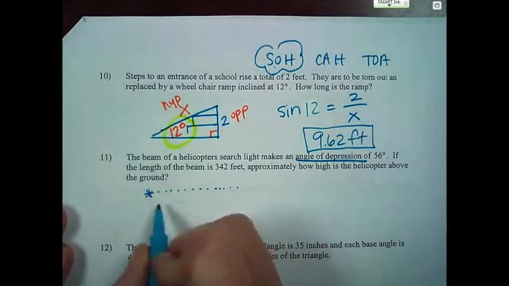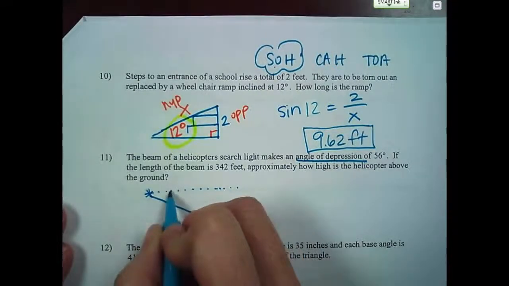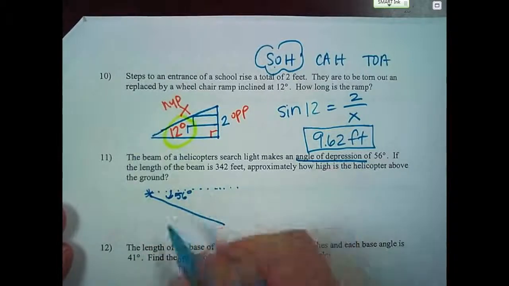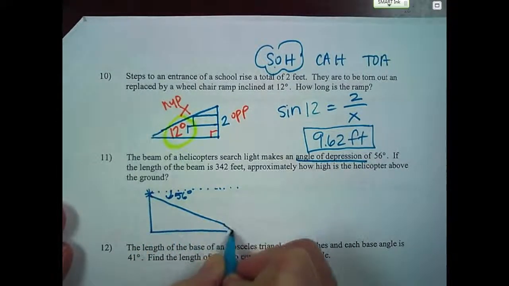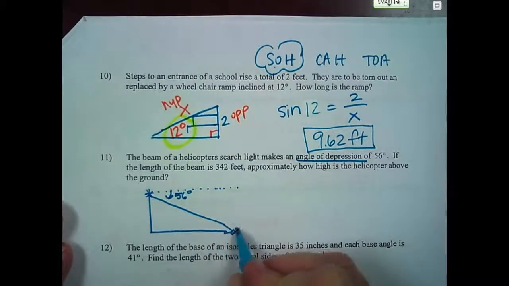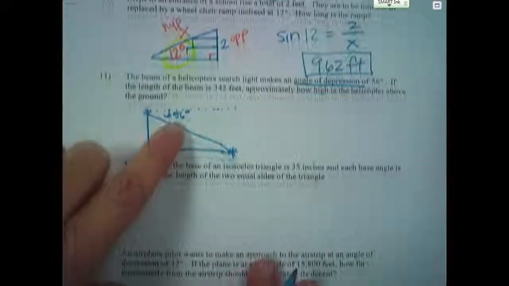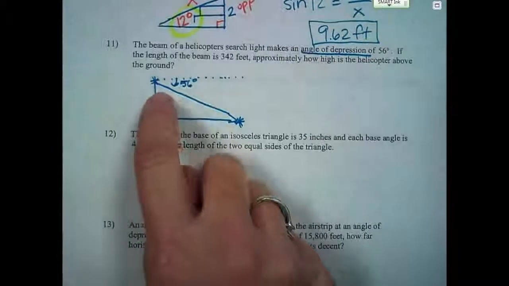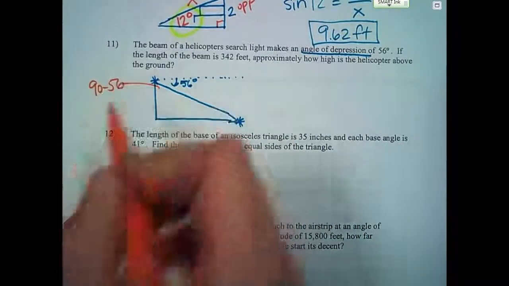He's shining his beam, and it says he's shining at 56 degrees down. But here's the height of the helicopter, and there's the distance horizontally. Here's whatever he's looking for on the ground. If this is 56, then to find the missing angle, together they make 90. So this angle here is 90 minus 56.